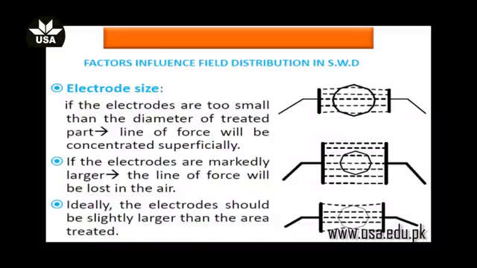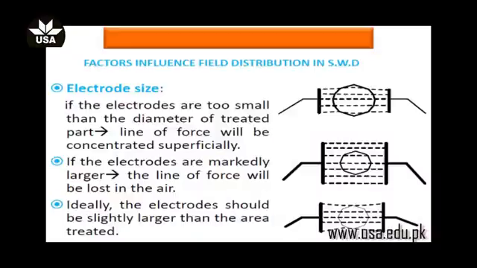The next factor we have is electrode size. We will be discussing how the electrode size can affect or influence the field distribution of short-wave diathermy. We must consider the size of the electrode, whether it is small, large, or slightly larger than the body part.